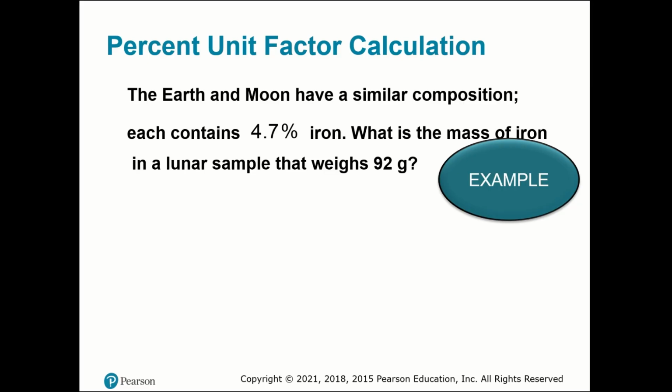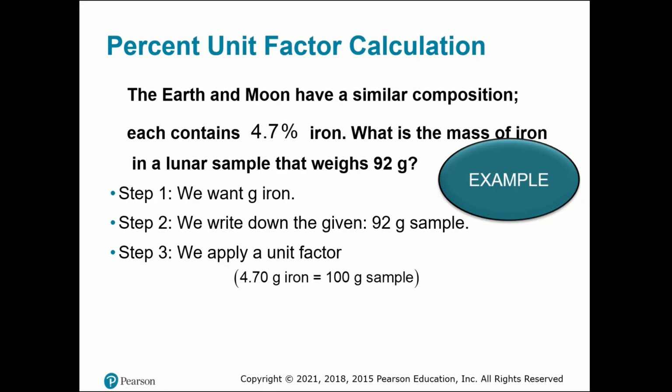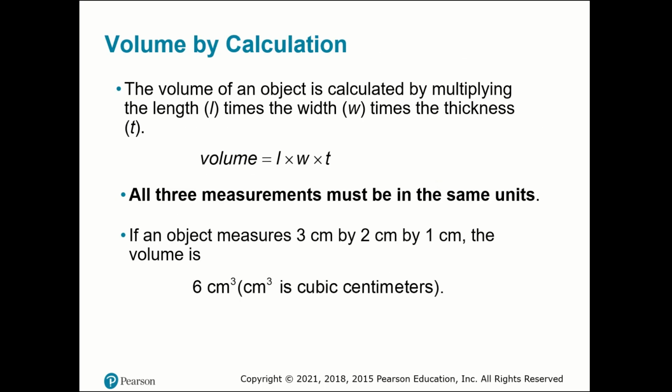What is the mass of iron in a lunar sample that weighs 92 grams? First we want grams of iron. We write down the given, which is 92 grams of sample, and then we apply the unit factors: 4.7 grams iron per 100 grams of sample. Then we round to three significant figures, and we have this. Simple. Okay? So now I know the quantity in grams of iron in that quantity of sample.